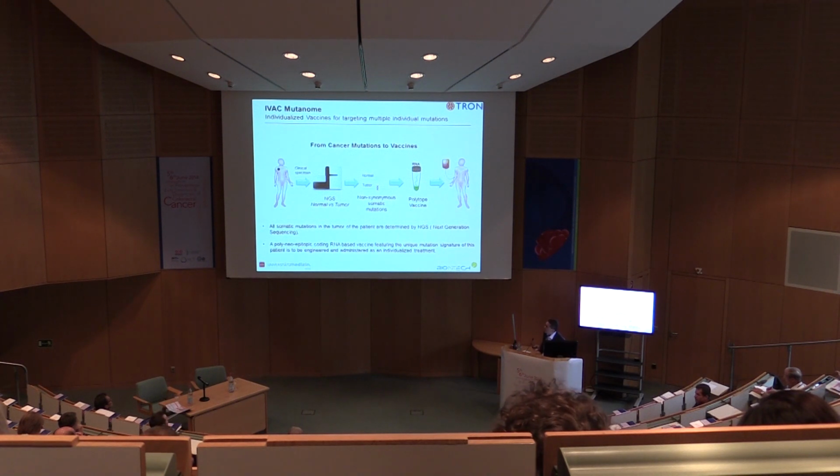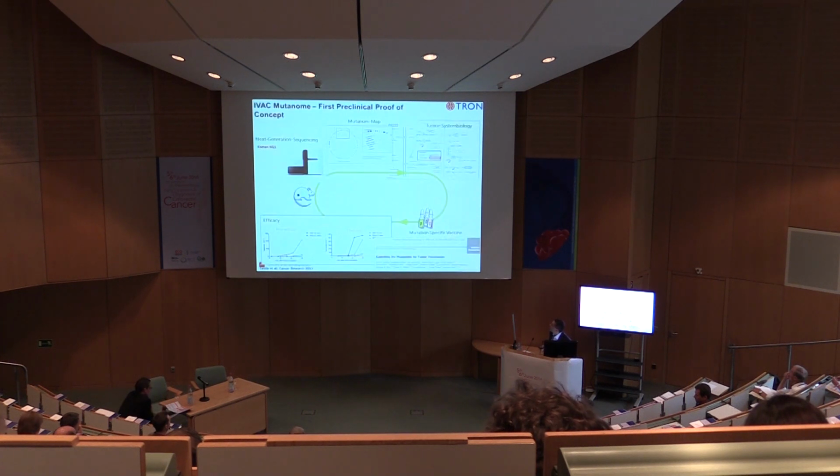And the concept arising here is the mutanome concept, starting with the sequencing of a patient's tumor, getting the mutations by comparing tumor sequence and the normal sequence, and then production of a vaccine, in our case an RNA vaccine that allows us to address multiple mutations. So this type of treatment would allow us to induce an immune response specifically to the cancer mutations of the patients.